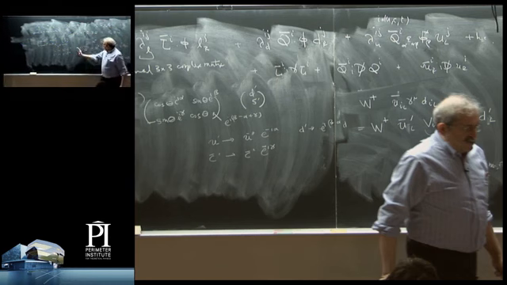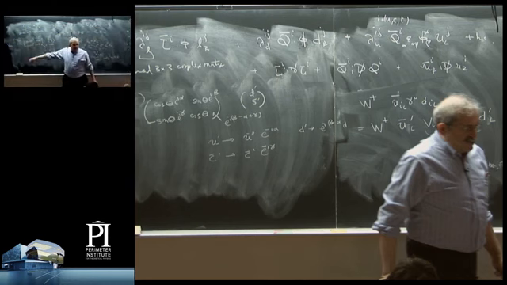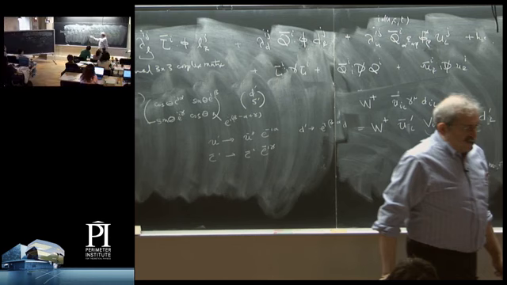Now, an overall phase change has no effect. But for 2 generations, I have 3 phases that are not overall phases. So I can soak up all of the phase factors in this expression. And the final expression is cosine theta, sine theta, minus sine theta, cosine theta.